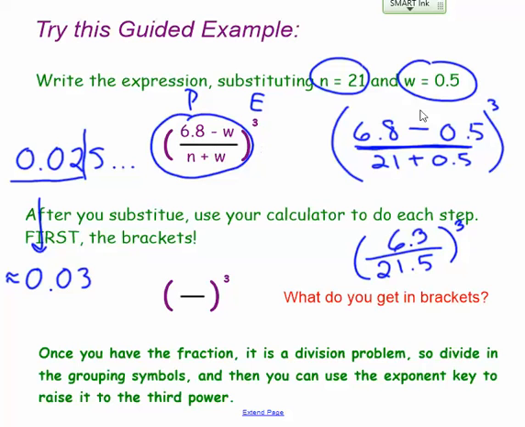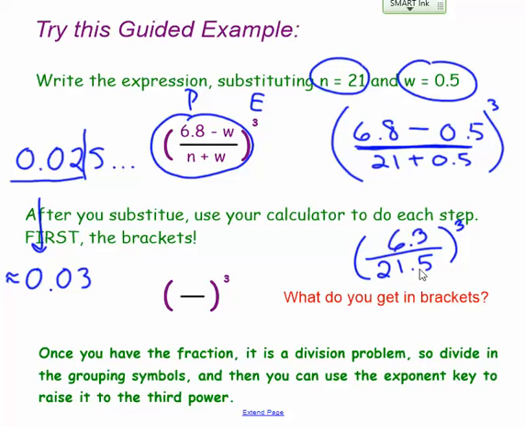So the first thing was to substitute 21 for n and a half for w. So you rewrite it, substituting those values. Then this division bar is also a grouping symbol. So you subtract to get 6 3/10 on top. You add on the bottom to get 21.5. Before you use this exponent key, first thing you need to do is do the division and find out this answer.